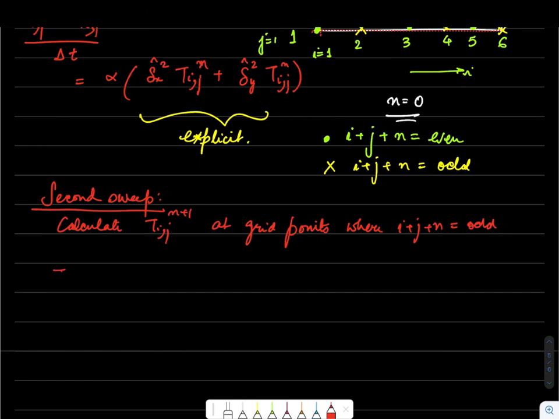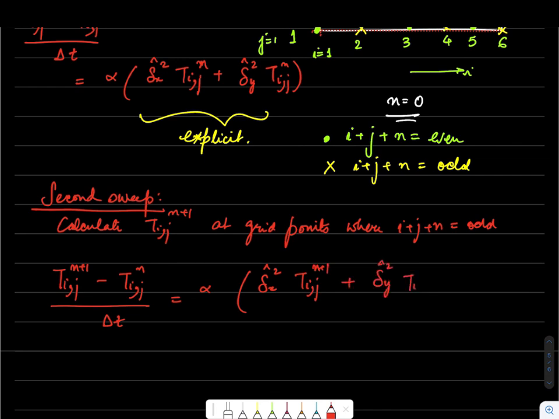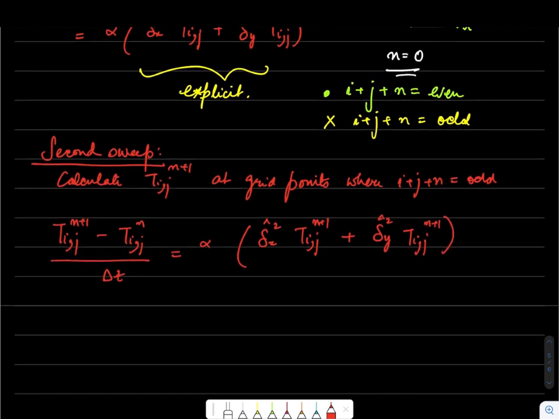So I will say (Tij n plus 1 minus Tij at n) by delta t is alpha (del hat x square Tij n plus 1 plus del hat y square Tij n plus 1). So this will be the second sweep.